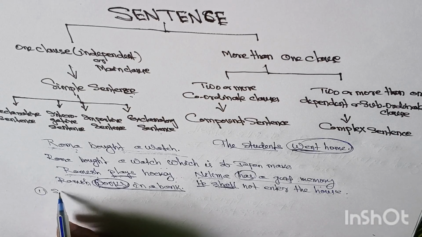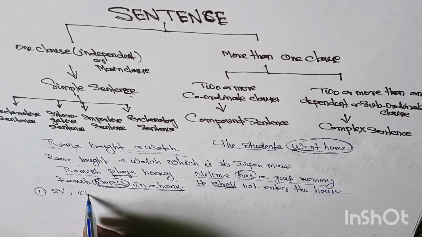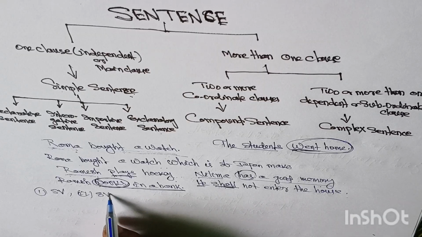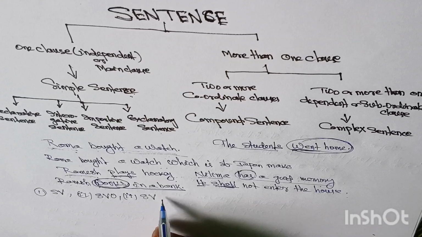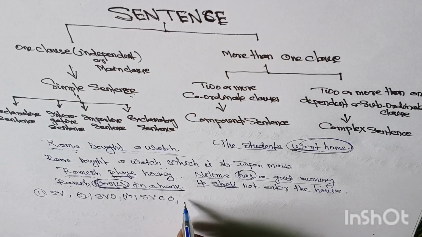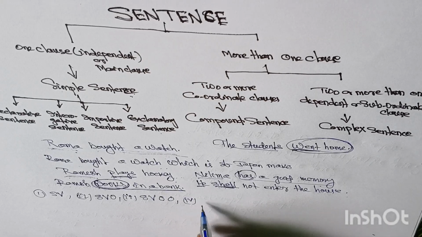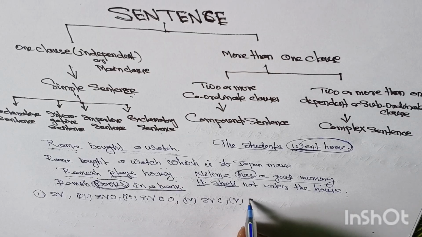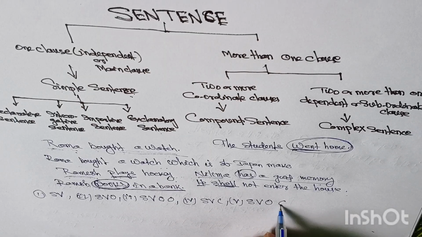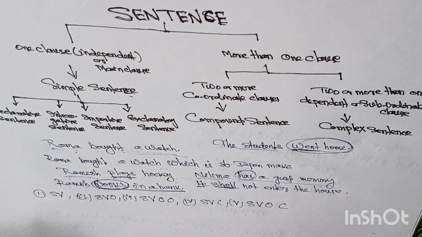One is SV, second is SVO, third is SVOO, fourth is SVC, fifth is SVOC. Then there are five types of patterns in writing the simple sentence.